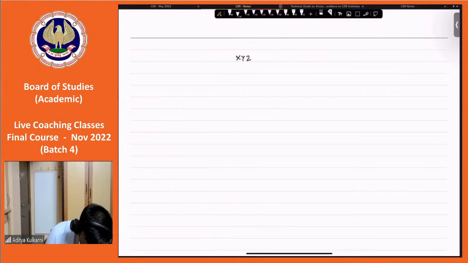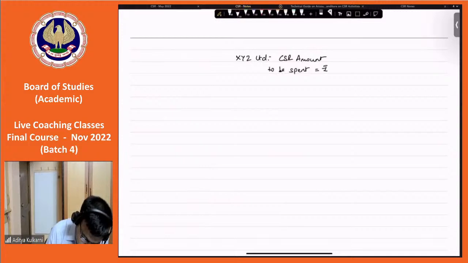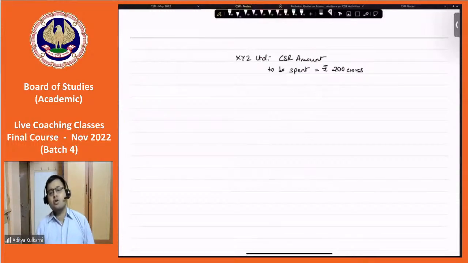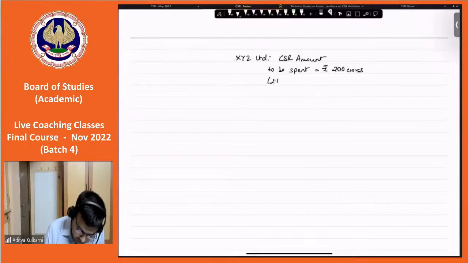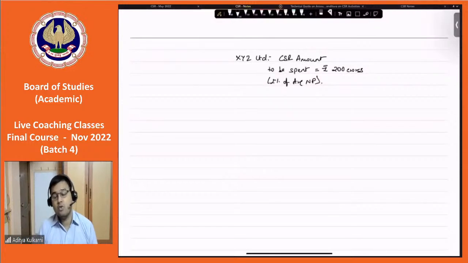Okay, so let us take a company, for example, XYZ Limited. CSR amount to be spent is equal to rupees 200 crores. So the amount to be spent is 200 crores. This is 2% of average net profits. That amount has come to 200 crores.